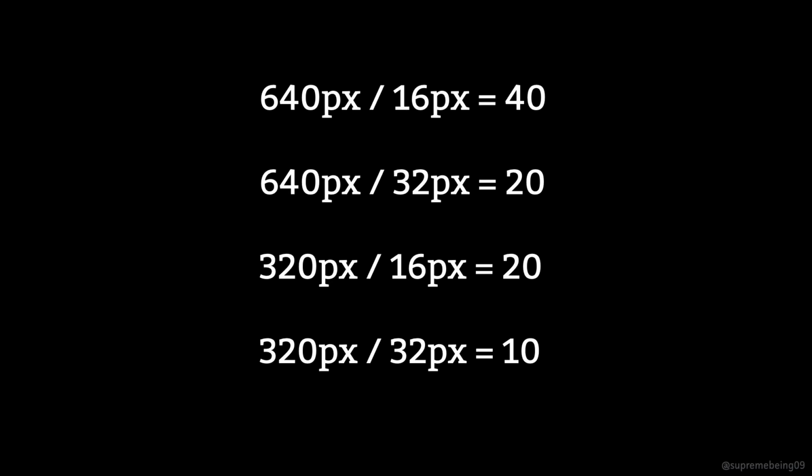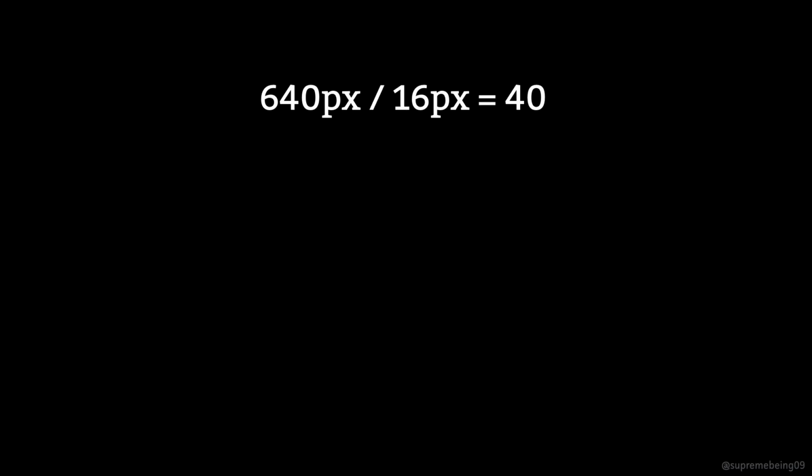Now I wanted to see if I can find a way of implementing this ratio with pure CSS. Bad news is I didn't find a way, and I will show you why. When I look at this division, I can replace the 640 pixels by 100 viewport width, and I can also replace the 16 pixels, the base font size, by 1 rem.